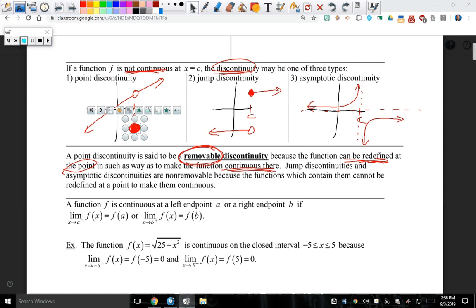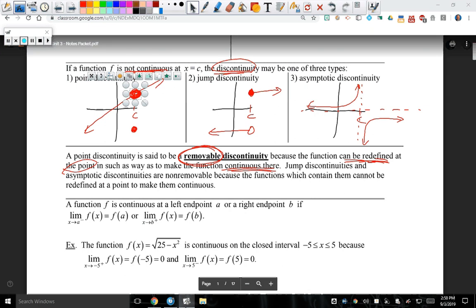So if I were to actually move that point up, then the function is continuous. But if I did that over here, it would not make it continuous still if I were to move it. And then over here, despite wherever I move it, it won't make it continuous. That's why this is removable, and these two are non-removable.